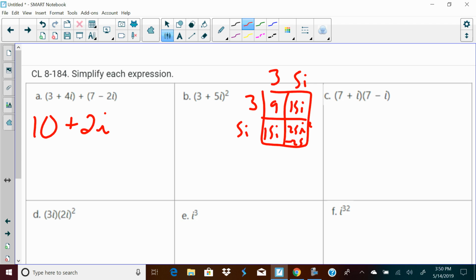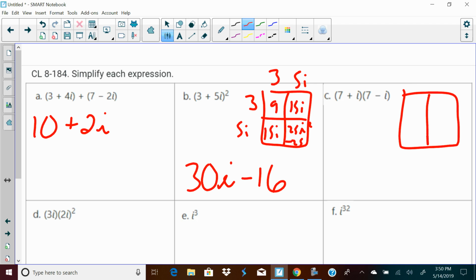So I'm going to get 30i minus 16. For C, again, I would draw a box. So I'm going to get 49. I'm going to get 7i, negative 7i, and negative i squared, or 1. So I end up with 50.